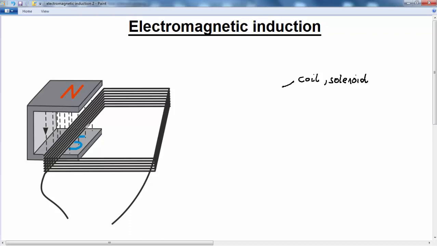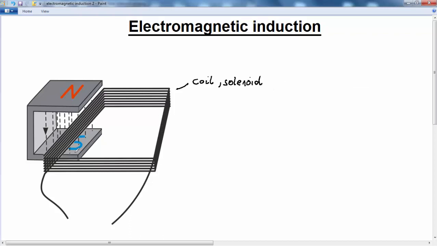So in each section of the loop you're getting an EPD produced, and the voltage produced in each of these sections will add up in series. It's as if you've got a whole load of little voltaic cells connected in series, representing each section of the loops in the coil, and these will add up and result in a much larger electrical potential difference generated, and therefore a greater induced electrical current.